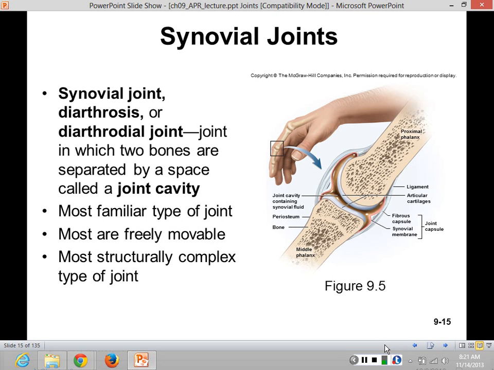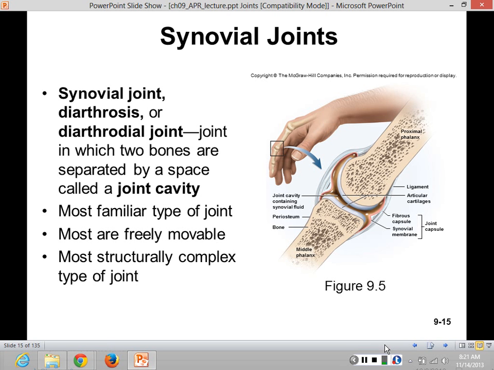These are your freely movable joints, joints of the elbow, your hip, your knee, your shoulder, your fingers. This is the most complex joint. The rest of the chapter is going to deal with your synovial joints. Two bones are separated by a space called what? A joint cavity. Inside of that joint cavity, you have your synovial fluid, which lubricates your joints.